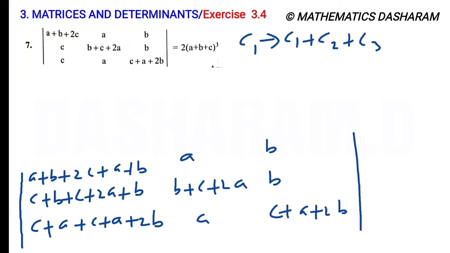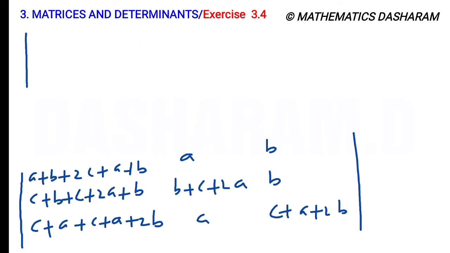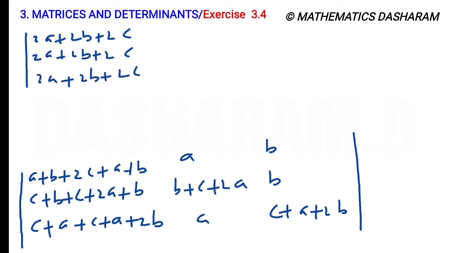So let's simplify it. It is equal to, here a plus a is 2a, b plus 2b is 2b. So 2a plus 2b plus 2c, and similarly here also 2a plus 2b plus 2c, 2a plus 2b plus 2c. So here a, b plus c plus 2a, a.